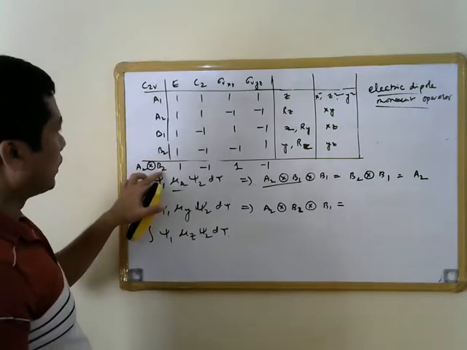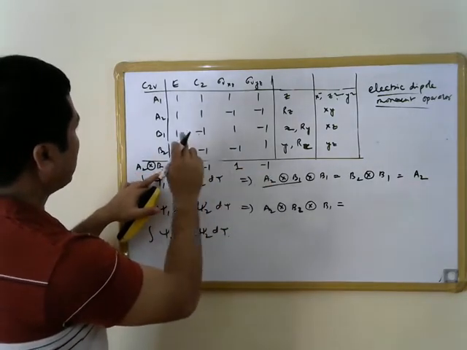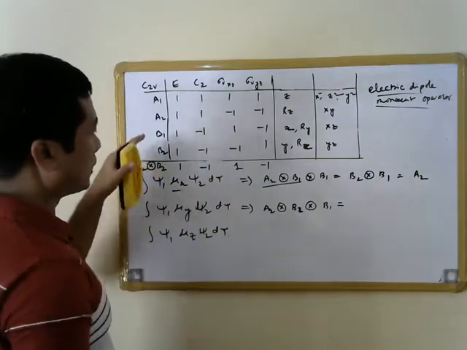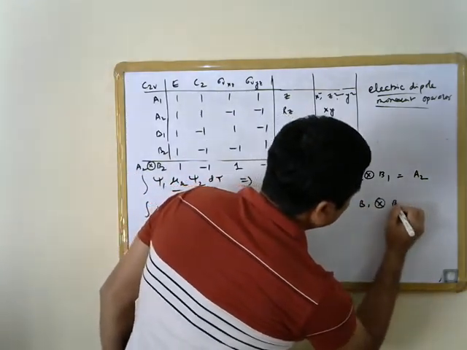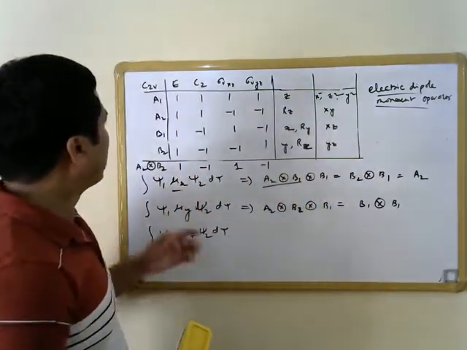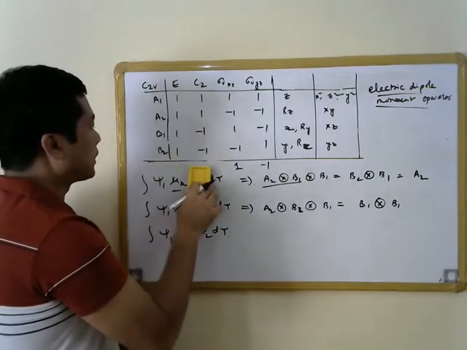So A2 into B2 essentially gives us 1, minus 1, 1, minus 1, which is equal to B1. So B1 into B1. Now when we multiply B1 with B1, let's see what we get.